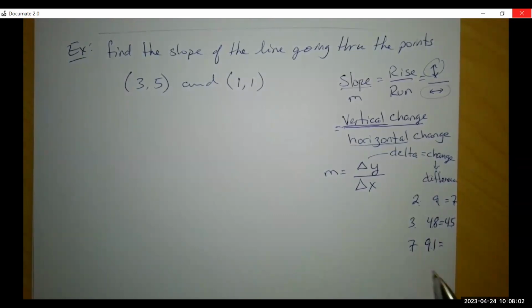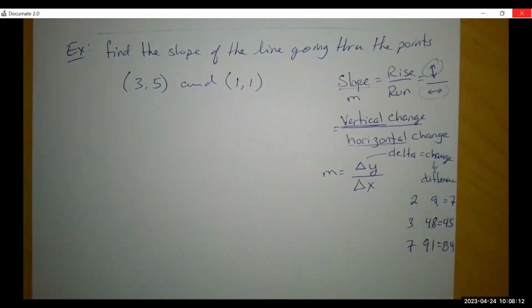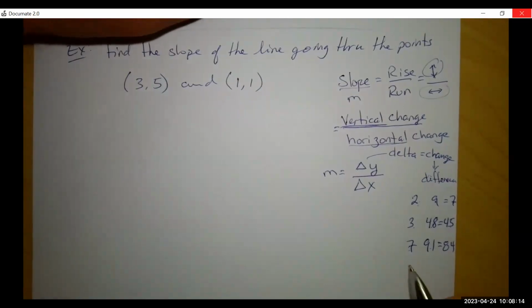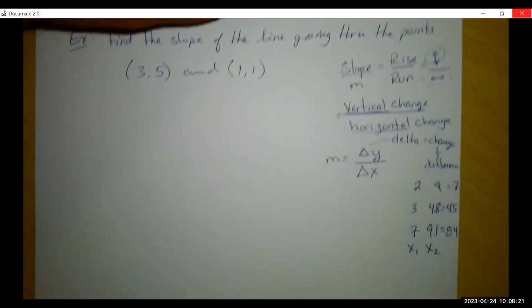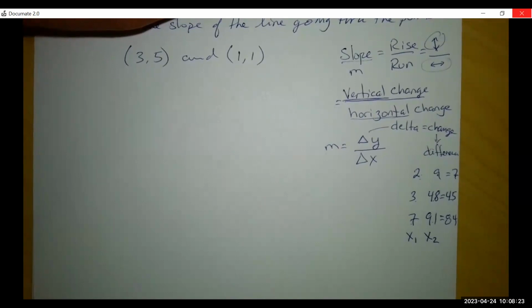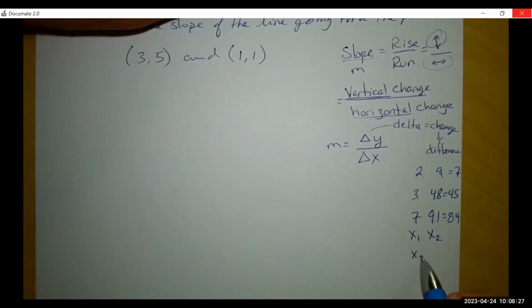So 91 minus 7 is 84. So if I give you any two x values, how do you find the distance between the two x values? The bigger one minus the smaller one, or the second minus the first.